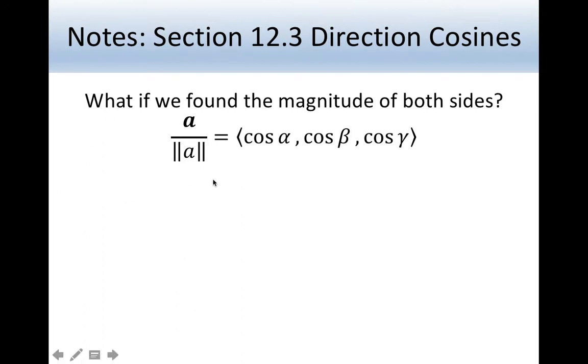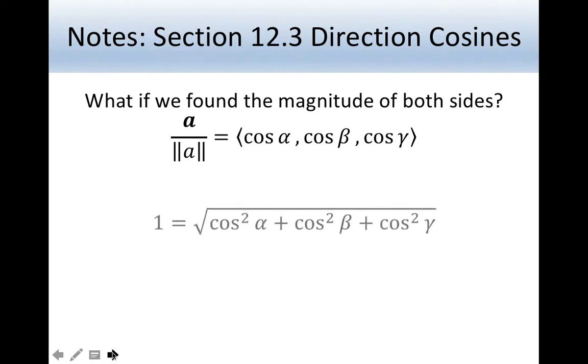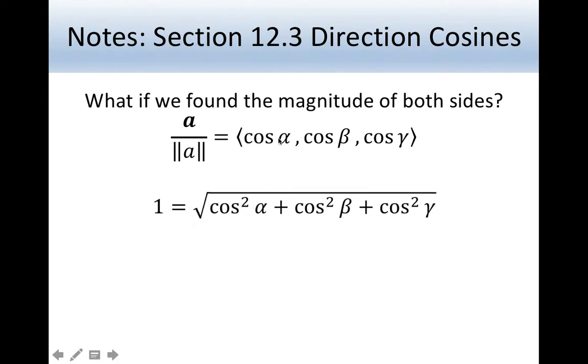Again, showing off. What if I found the magnitude of both sides of this equation? They are equal. Well, what's the magnitude of any unit vector? 1. And then finding the magnitude using Pythagoras of the direction cosines would be just the square root of the squares of all of that.